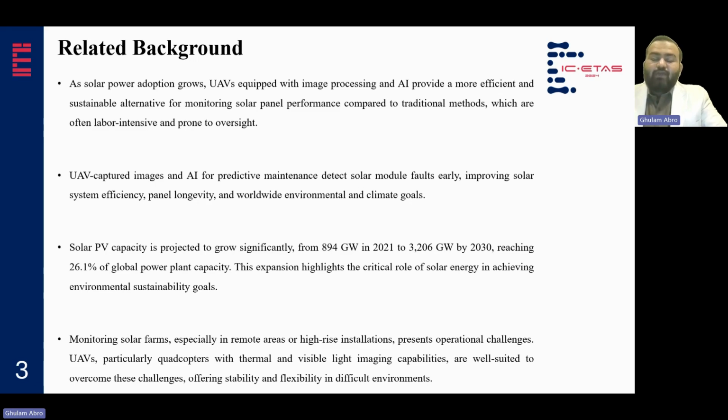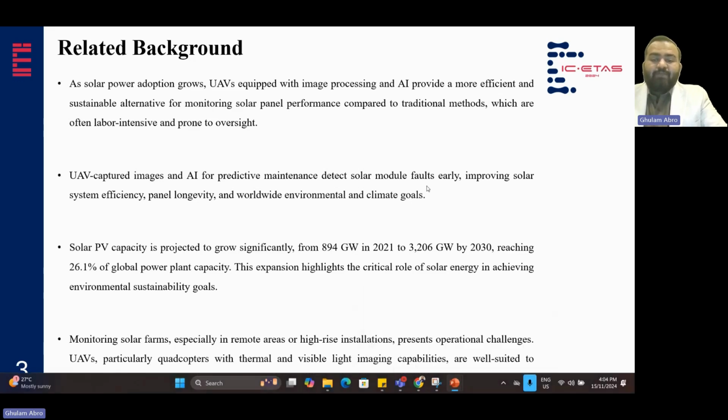So in this regard, we come up with the background that UAVs capture images and then we apply AI and machine learning over them to visualize the data and predict the maintenance. It will make our life very easy. This will not only improve the efficiency of the solar system, but it will give longevity to our panels, and we can also contribute to our climate sustainable development goals.